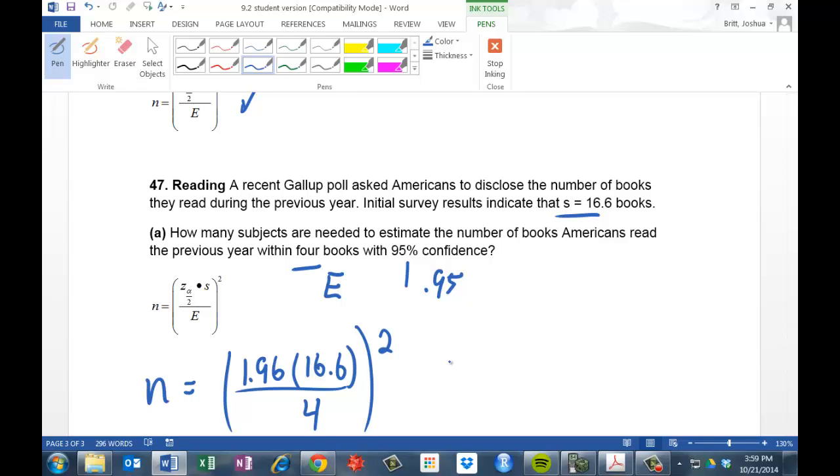You'll compute that and you should get 66.16. And remember, always round the sample size questions up. So round up to approximately 67.